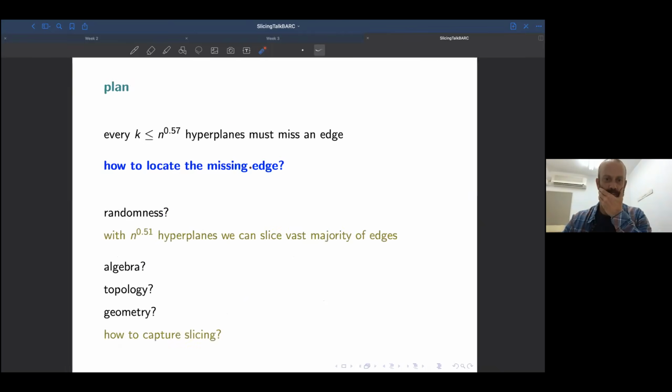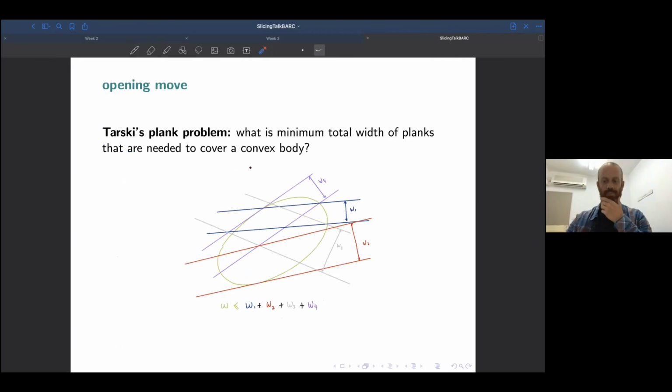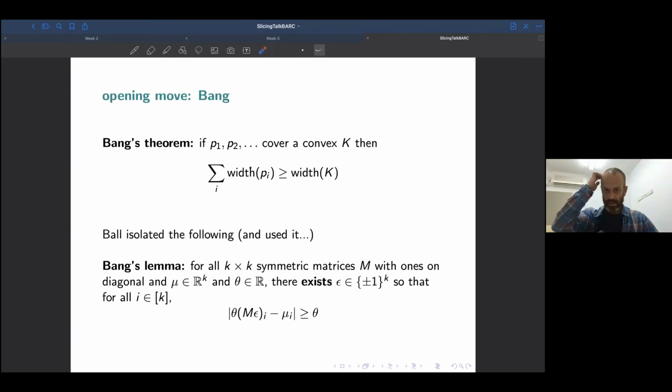Banks theorem. This lemma is meant to find a point that is far from all the hyperplanes. Even if we assume very strong structure on the hyperplanes, this lemma is not the right lemma to give the truth.